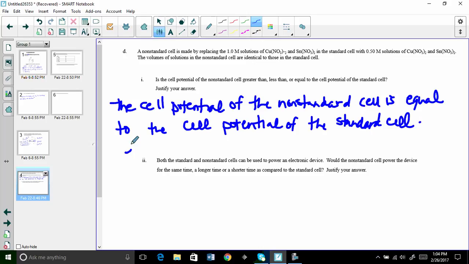And then here's the ln of Q equals ln of 1 over 1, which is the same thing as the ln of 0.5 over 0.5.